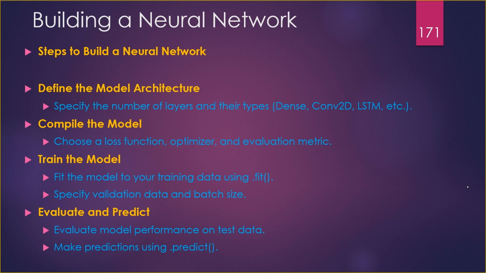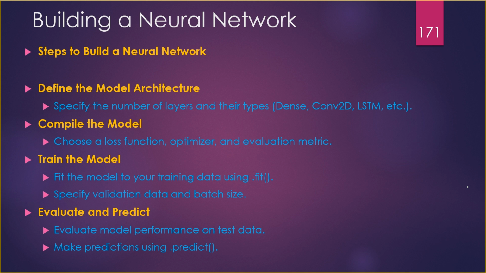Dense is a function which creates a dense layer, a fully connected layer, as we have just seen. In the same way, Conv2D is another type of function which creates a different type of architecture, depending upon the problem, which we will see in future. You don't need to think about Conv2D, LSTM, etc. for now, as of now. So you can see only the dense part.